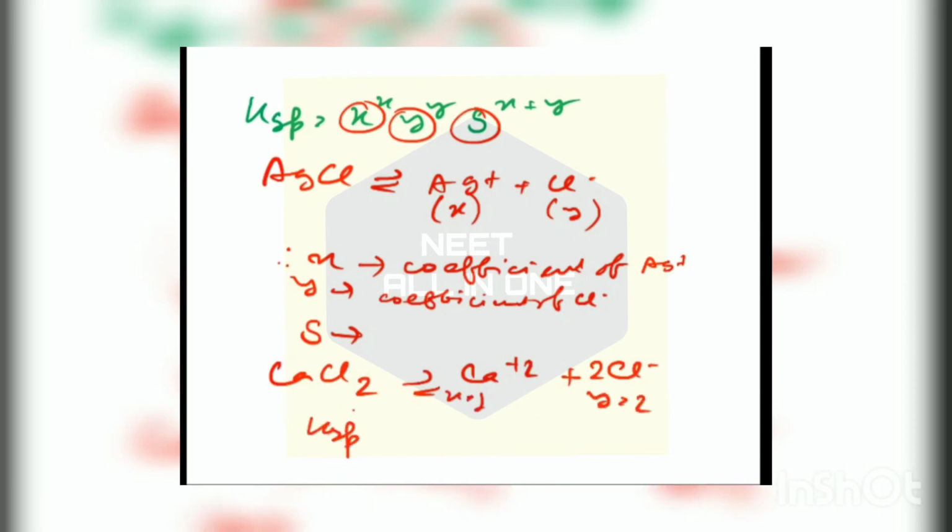So what will be its KSP? It will be 1 to the power 1, 2 to the power 2, s to the power 1 plus 2, that means 4s cube. Now if the value of s is given to you, you can conclude the value of KSP. If the value of KSP is given to you, you can conclude the value of s, that is solubility. So it is the shortest formula to do this.